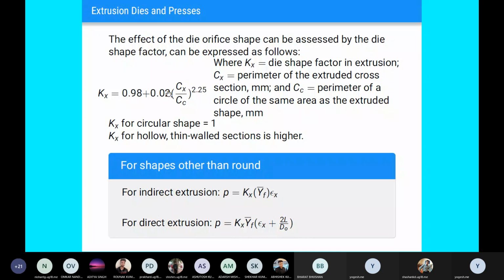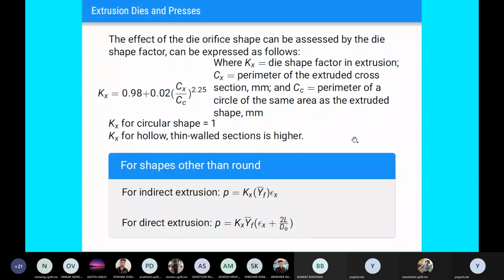So 0.98 plus 0.02. For circular shapes, kx is 1, and kx for hollow and thin wall sections is higher than 1. This term will have some value, and therefore the kx shape factor becomes more than 1 in the case of hollow and thin wall cross sections.